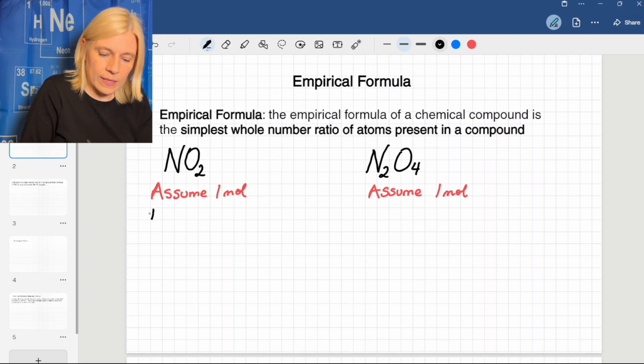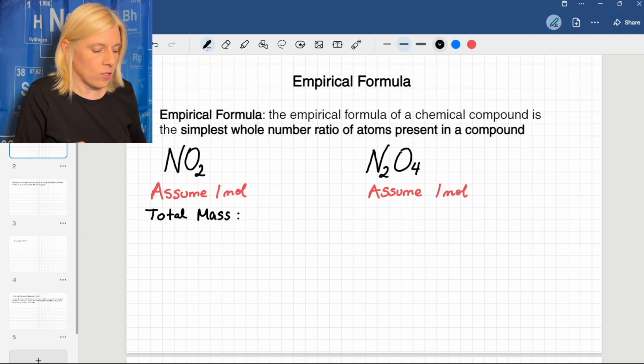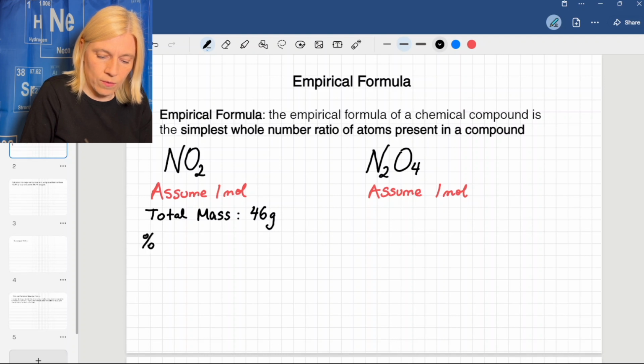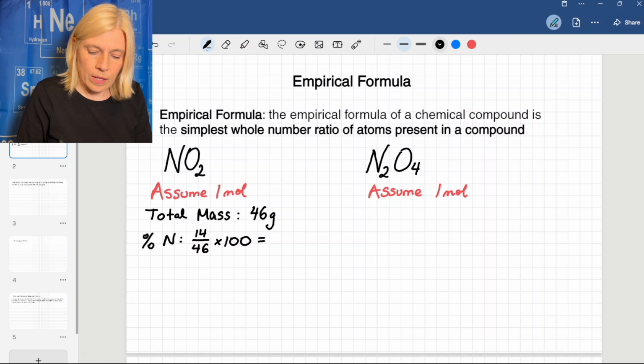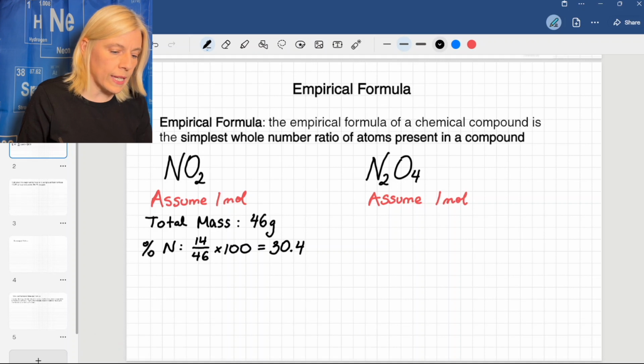So our total mass is then, well, nitrogen is 14 plus 2 times 16, oxygen is 16. Our total mass is 46 grams. So percent composition of nitrogen will be 14 times 1 over 46 times 100, and that will be 30.4%.